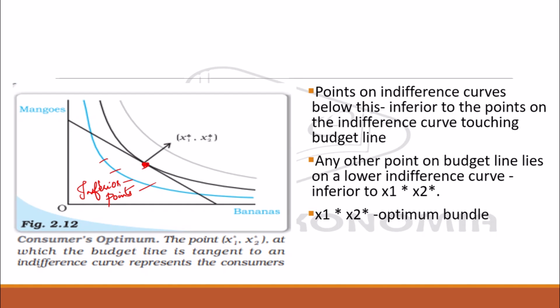At any other point on the budget line, on a lower IC curve, these points are inferior to the combination x1 star, x2 star, and that is why you consider this as the optimum bundle. So any point on the budget line on a lower IC is inferior to this.